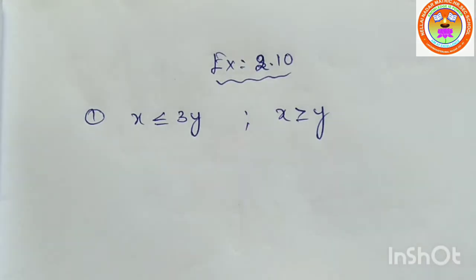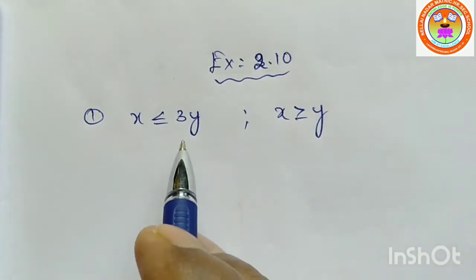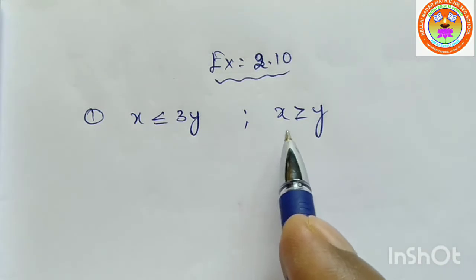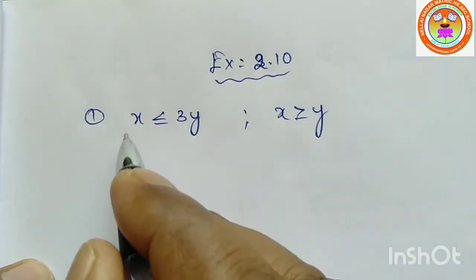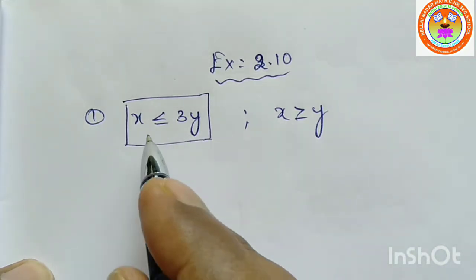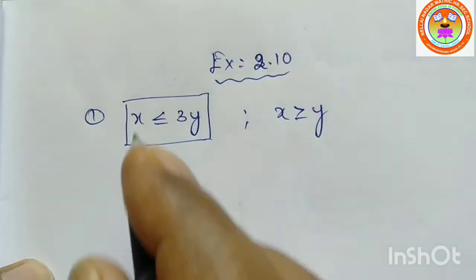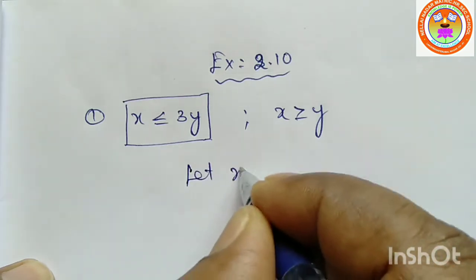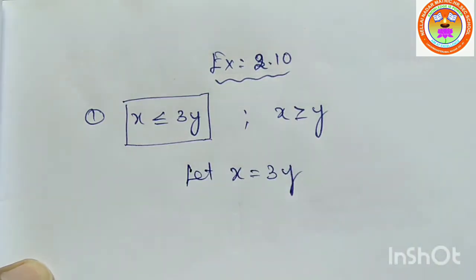Let's see the first question. It is given that x is less than or equal to 3y and x is greater than or equal to y. So first we are going to draw the first straight line. Let x is equal to 3y.